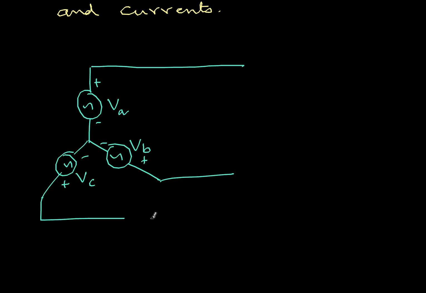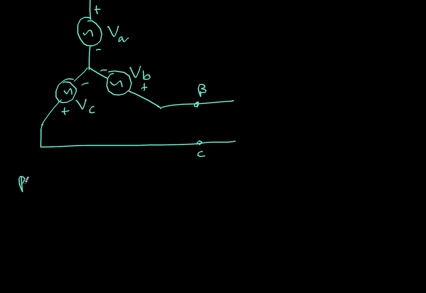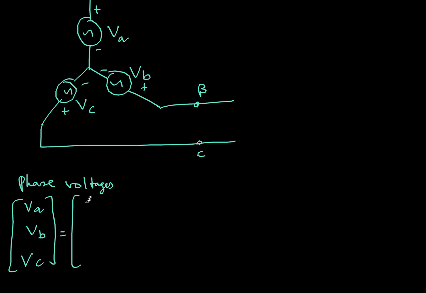These terminals are labeled A, B, and C. Now VA, VB, VC are 100 angle 0 degrees, 100 angle minus 120 degrees, and 100 volts angle minus 240 degrees. These are RMS voltages, and this is given to us.